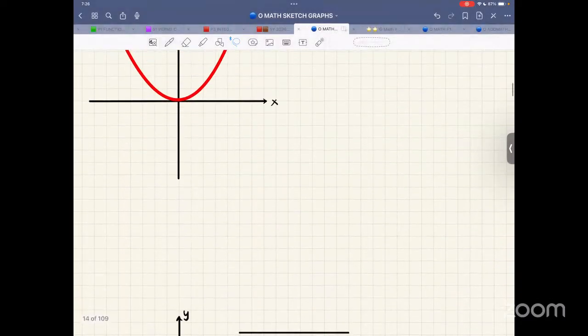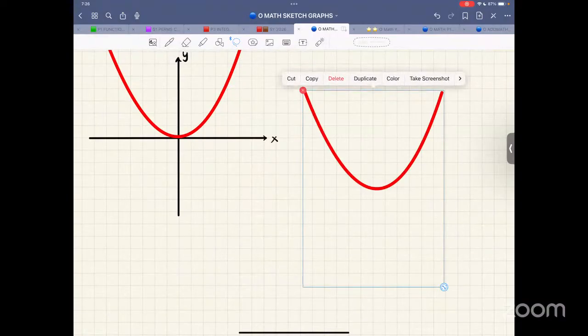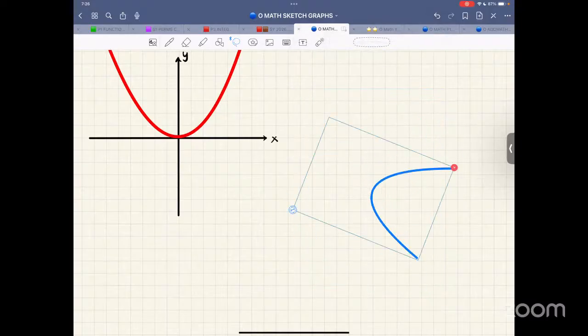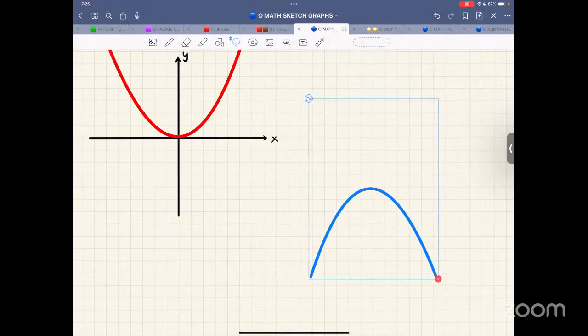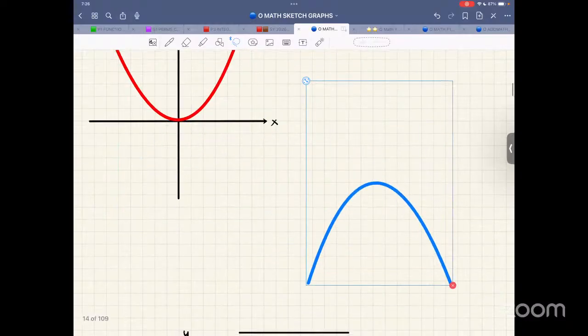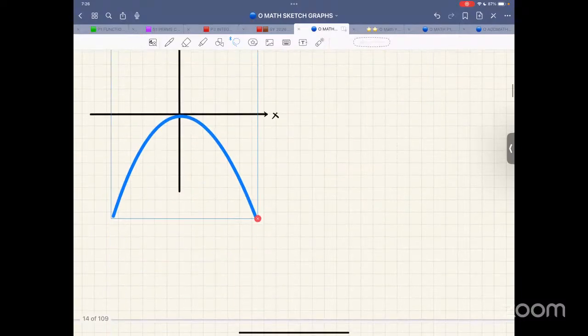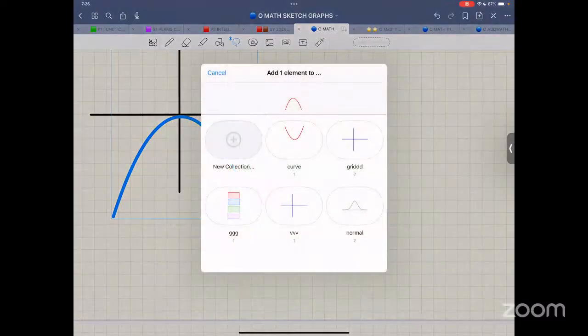And let me draw another one, or let me just take this thing, copy, and let me change the color to blue and let me flip it. And let me make it a little bit bigger. Okay, so now that goes over here. And let me also add it as an element in this thing.